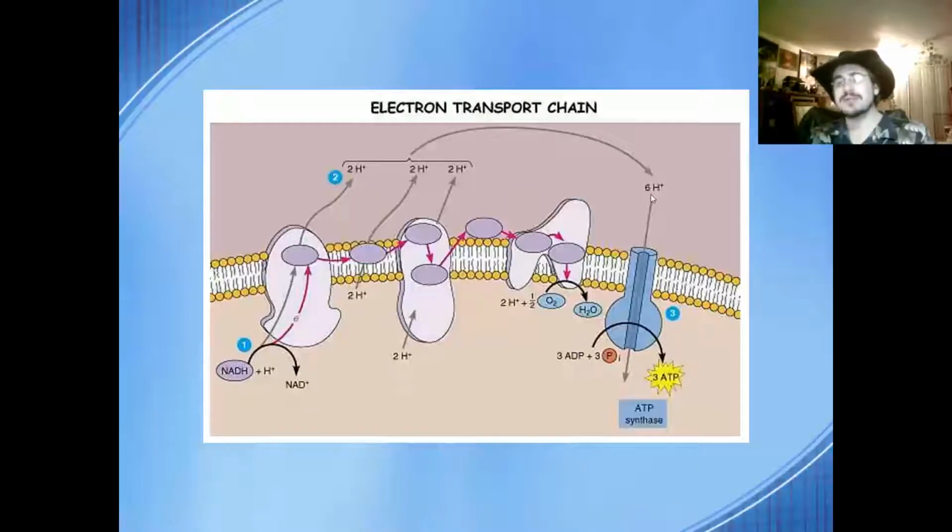Hydrogen is going to diffuse back into the interior of the mitochondria, into the mitochondrial matrix. Now, it is the diffusion of hydrogen across this protein which actually allows us to convert adenosine diphosphate and a spare phosphate into ATP.